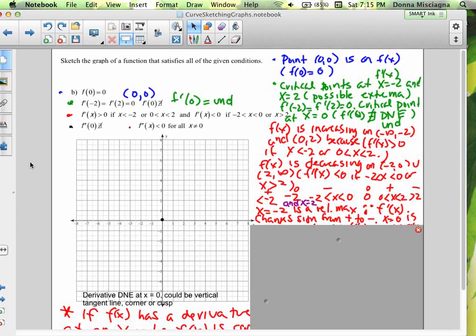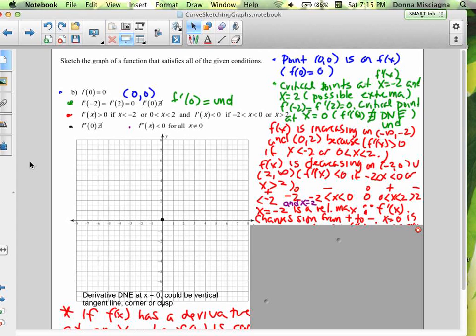All right, so there's my sign chart in red. We have critical points there at negative 2 and 2. Let me squeeze that in somewhere. Let's just make sure that my sign chart looks right. So we got a critical point at -2. What happened to my critical point? I got my critical point at 0.